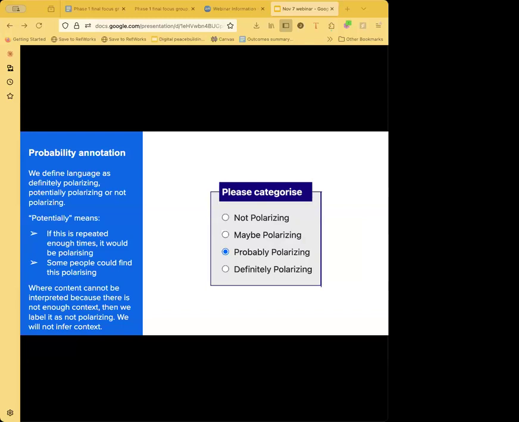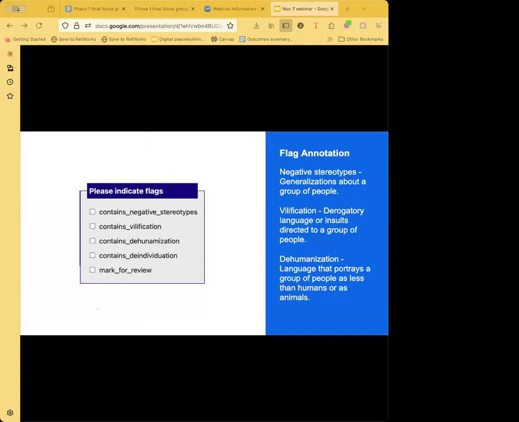With potentially polarizing, it would be mostly when an individual is the one being insulted, but data that is definitely polarizing would be when a whole group is targeted, whether it's an insult directly to a tribe or an insult directly to a gender, which later on my colleague Rachel will explain more on.